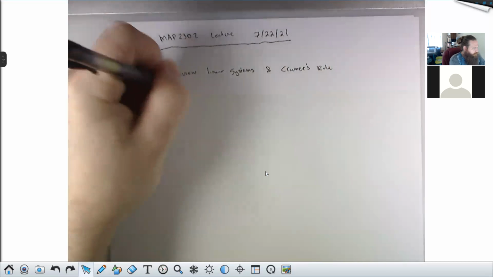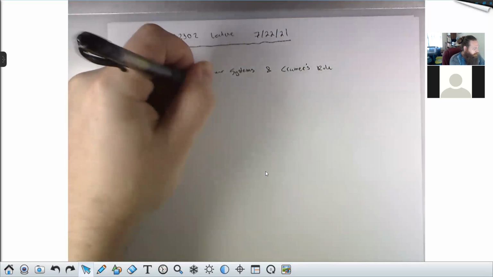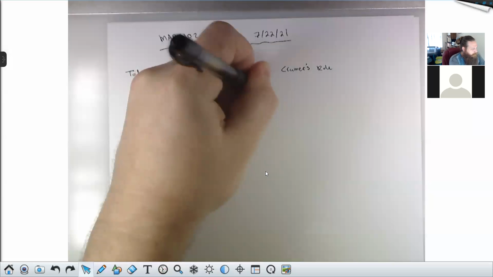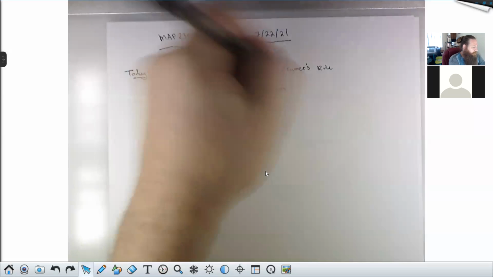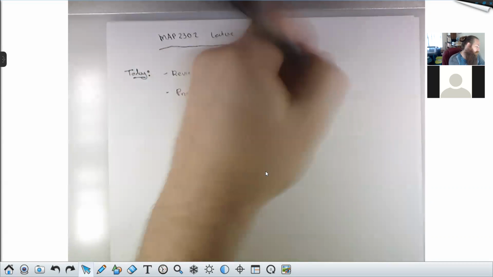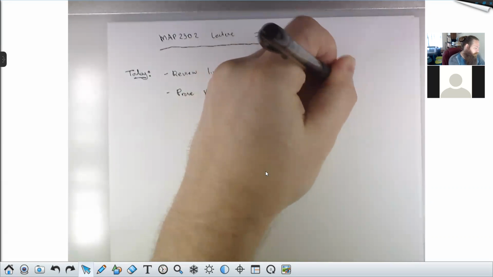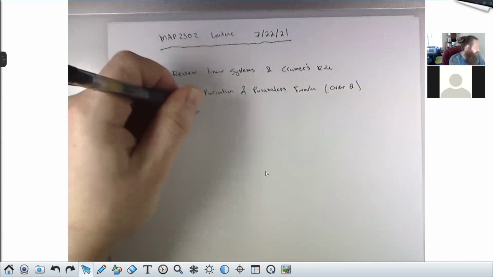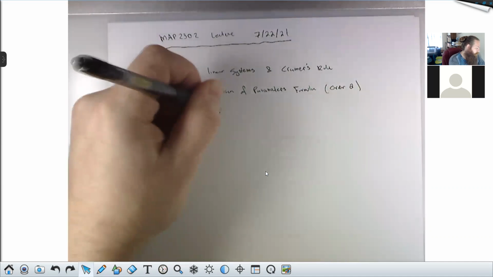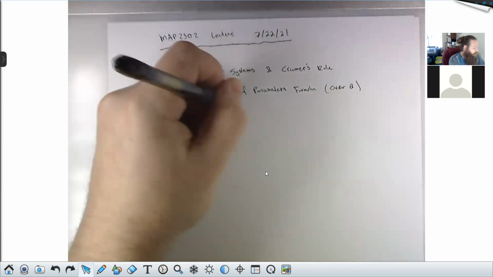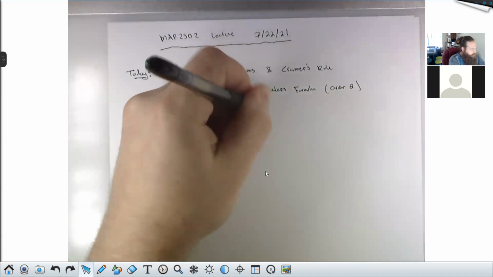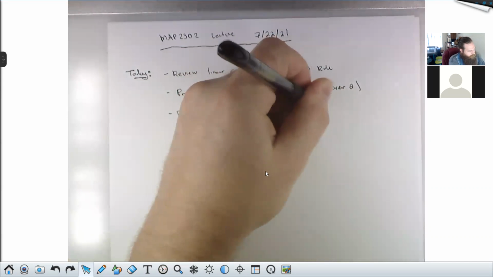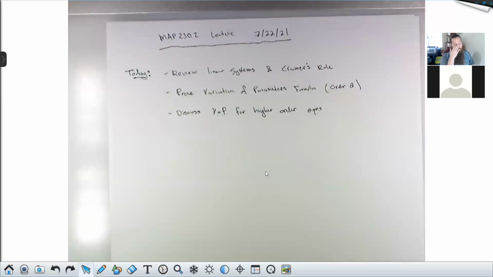Then we're going to prove the variation of parameters formula in the order 2 case, and we'll discuss variation of parameters for higher order equations. And so that's sort of our roadmap.